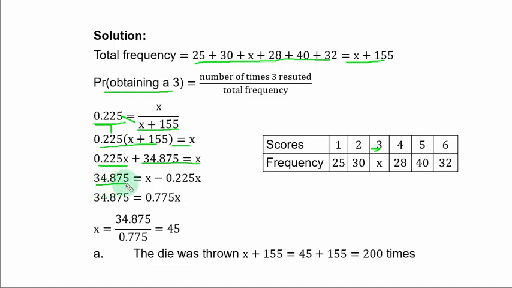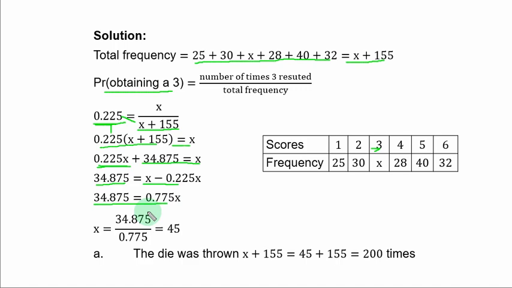So let's collect like terms. You leave this term here and you transfer this term where you have S minus 0.225S. If you subtract, you have 34.875 equal to 0.775S.